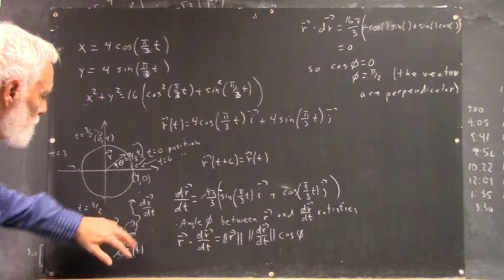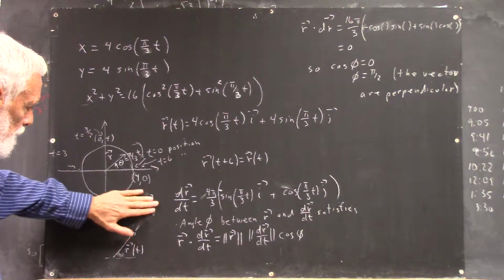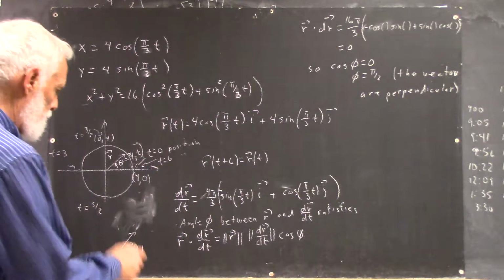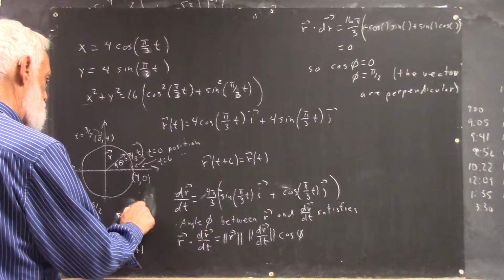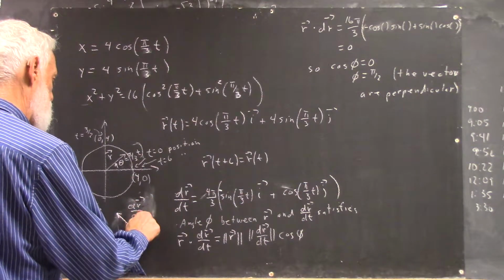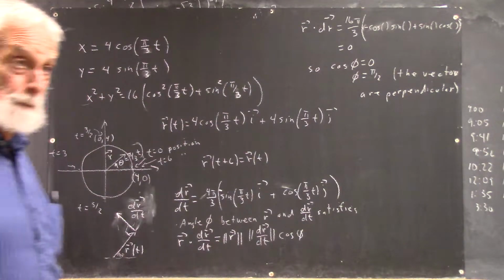And now I can replace this wavy vector here with a vector perpendicular. And that we now see to be a right angle.